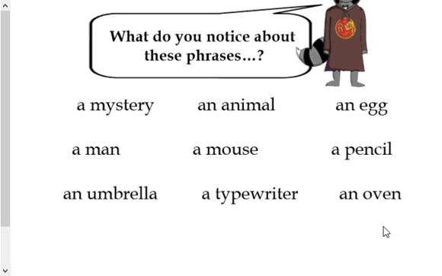They're all either a or an. What I want you to do is just work out why. Why is it a? Why is it an? Think back to what we've just talked about, vowels and consonants, and see if you can see a pattern. I'm going to ask you to press pause while you're looking and press play when you're ready to hear me talk about the answers. So press pause now.